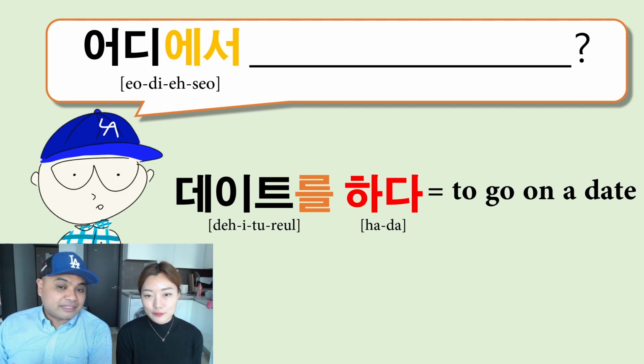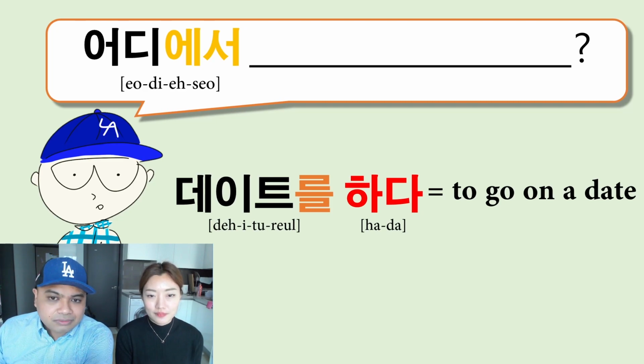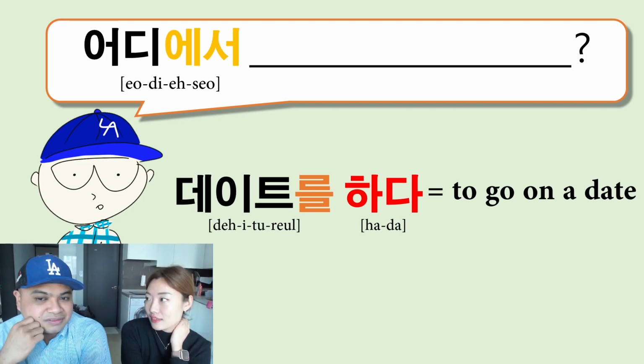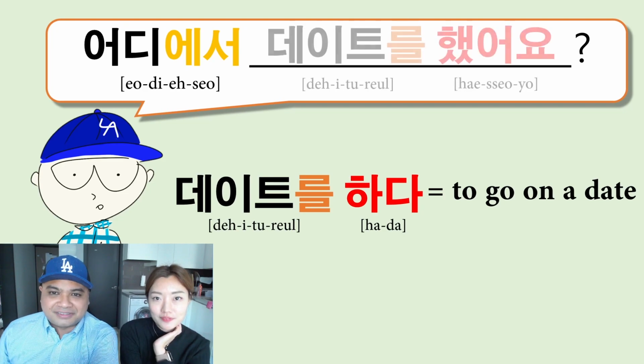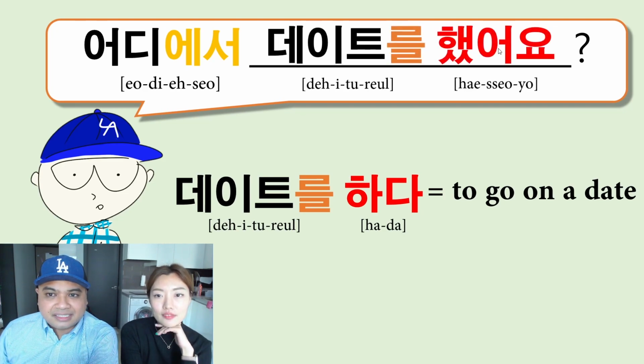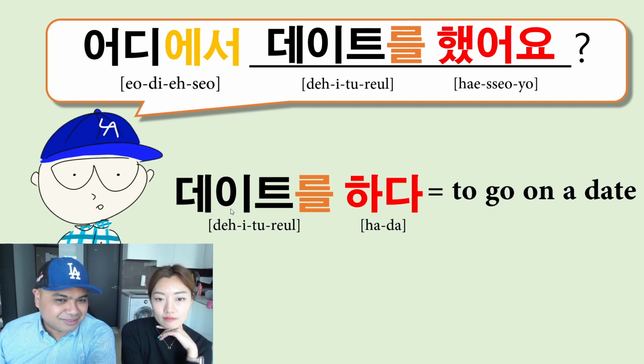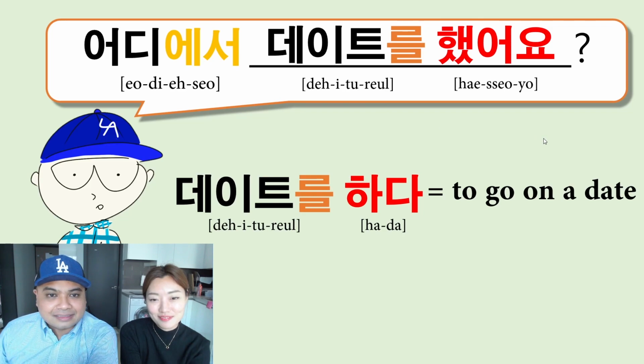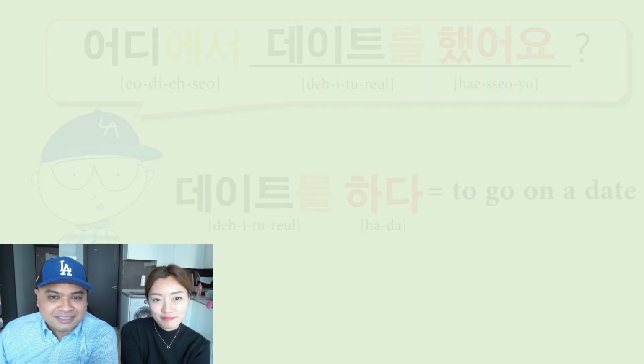So the literal translation is to do a date, but it just means go on a date, right? So how do we say this in the past tense? 했어요. Very good. 데이트를 했어요. That's so easy.